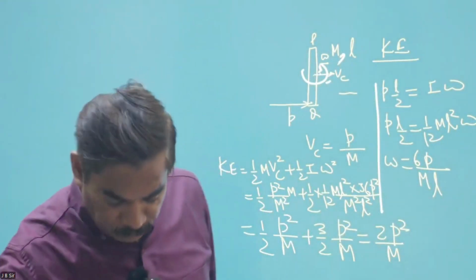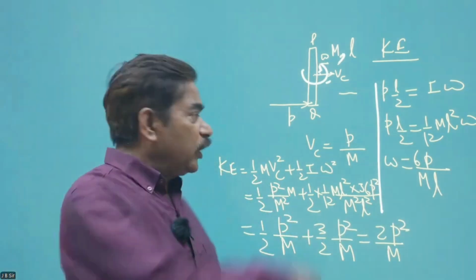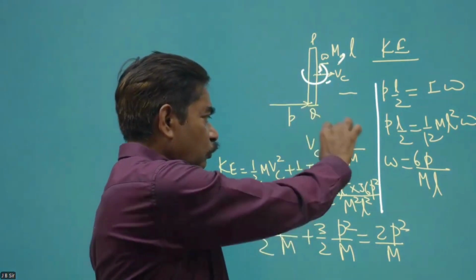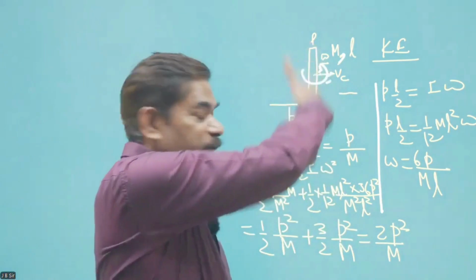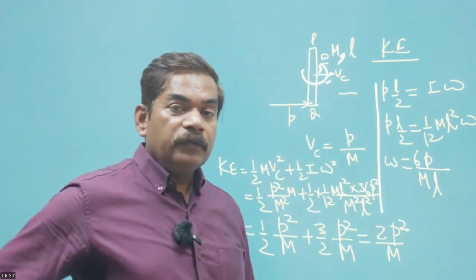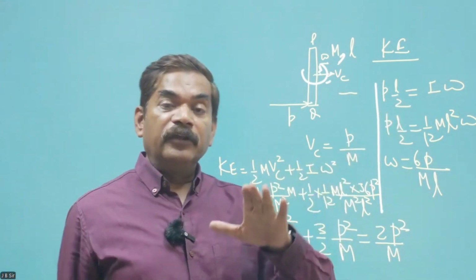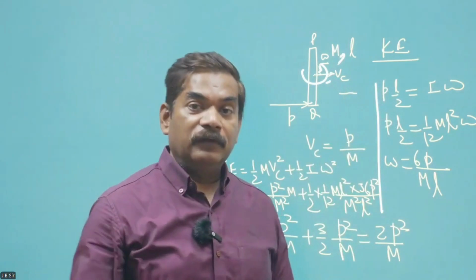Now see, students, one more concept gets cleared from it. At whatever point you impart the impulse, the velocity of the center of mass will be only this much. But if the point is away from the center of mass, the initial angular momentum will be more. If the point is near the center of mass, the initial angular momentum will be less.